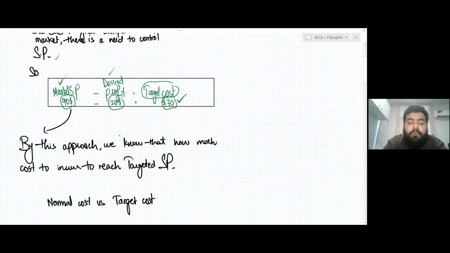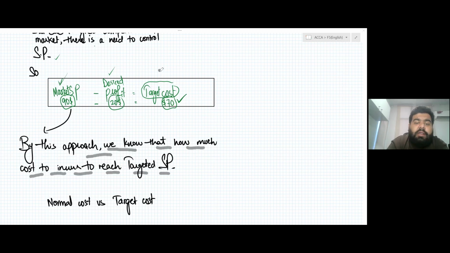By this approach, we know how much cost to incur to reach the targeted selling price.